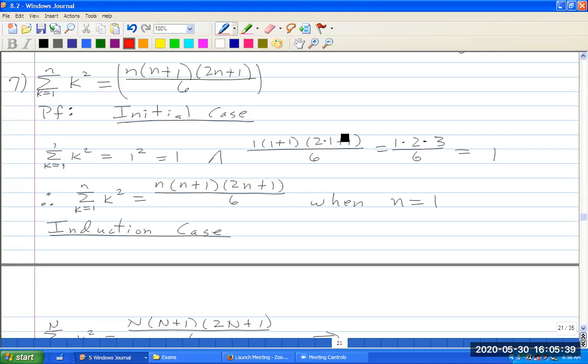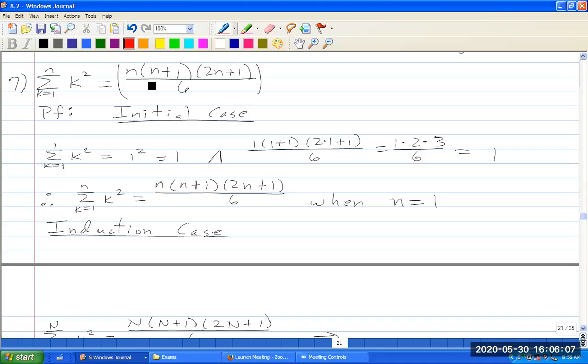When n is equal to 1, 2 plus 1 is 3, 1 plus 1 is 2, and so I have 6 divided by 6, which is 1, the same thing that I got for the left-hand side. And so the right-hand side and left-hand side are both equal to 1 when n equals 1. So I've shown that this formula is true when n equals 1.